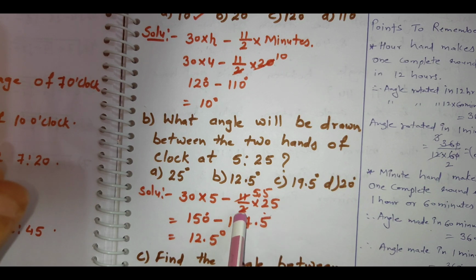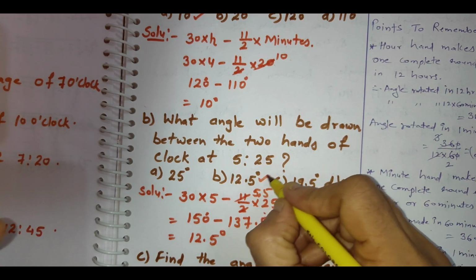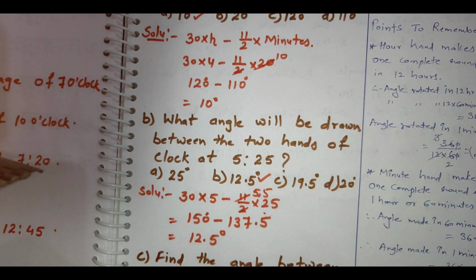So 5.5 into 25 will be 137.5 and 30 into 5 is 150. We have got 12.5 degrees. So what is my correct answer? It will be this one, right?